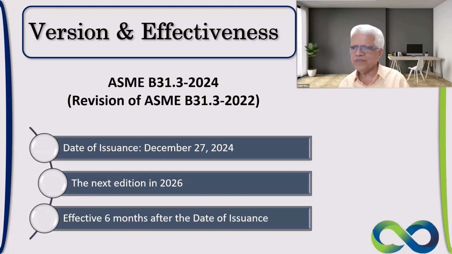So the client can take a decision regarding the usefulness of the next revision of the code. This is the purpose of this information on the first page of the code itself.